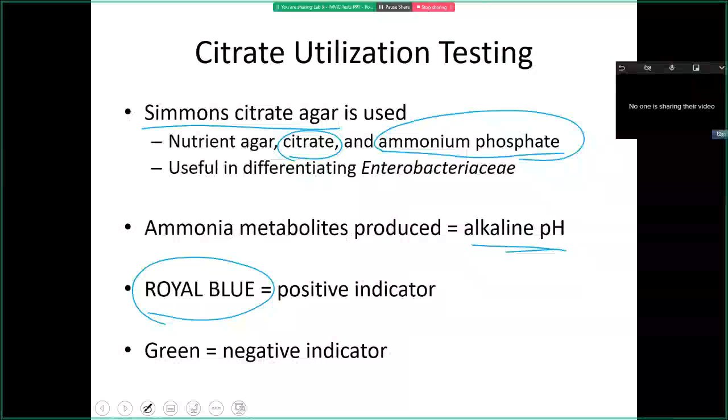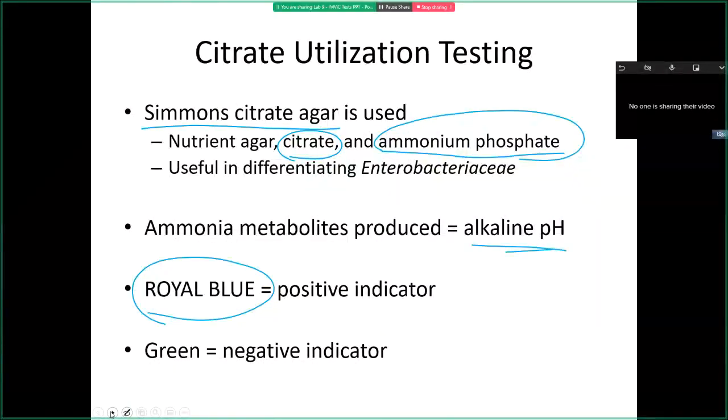When organisms grow on this and they metabolize ammonium phosphate and produce alkaline end products, they combine with that royal blue and they actually cause it to look royal blue, right? So this is an outstanding test. It's one that is very reliable and it works. And it does nearly every time.